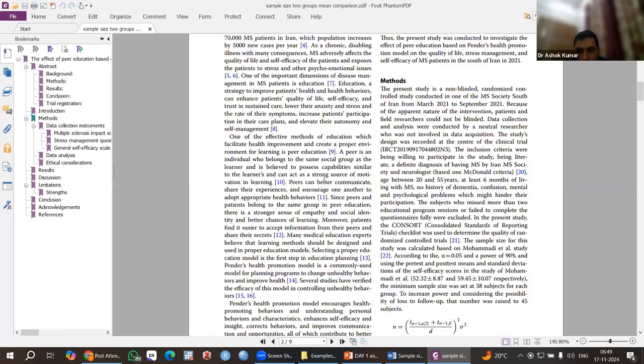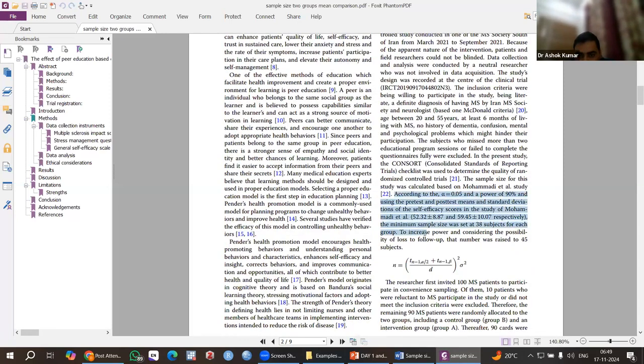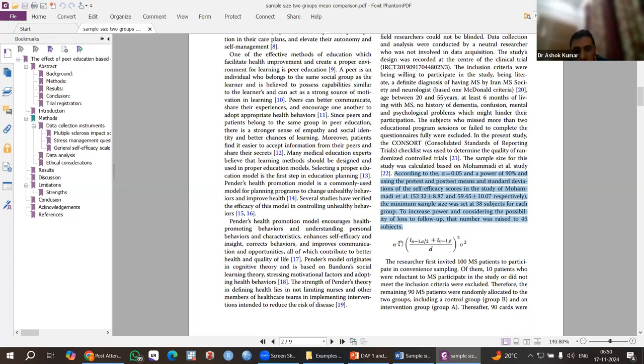Then this is the sample size calculation I have taken from here. And you can see here, this is the formula they have given. But what they have done, they have used just a sigma square. And what we have to use?